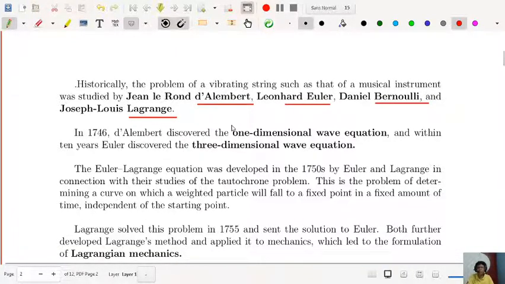These are famous mathematicians, and in those times people were not only mathematicians, they were philosophers, physicists, doing a lot of things beyond their own field. The problem of the vibrating string was studied by these people, and they encountered a differential equation.